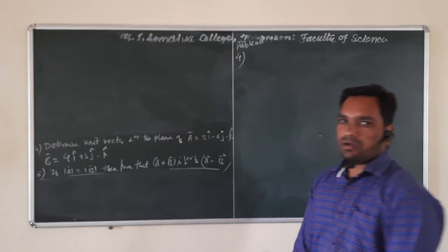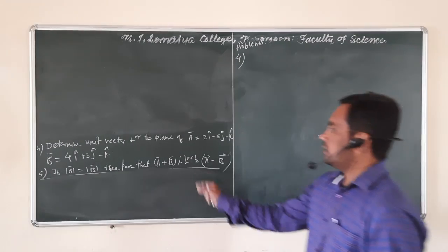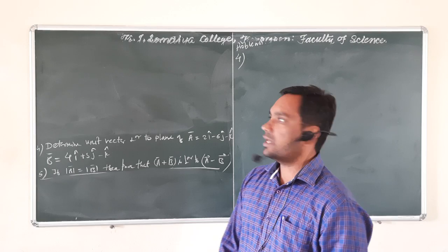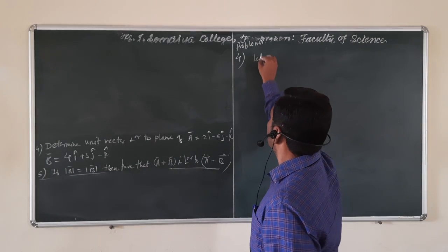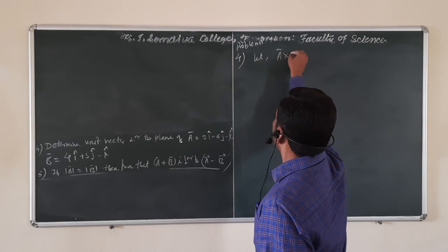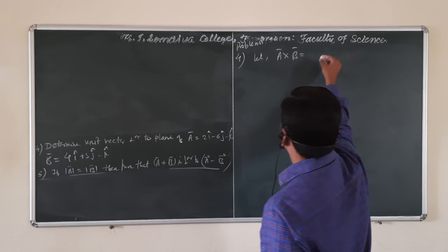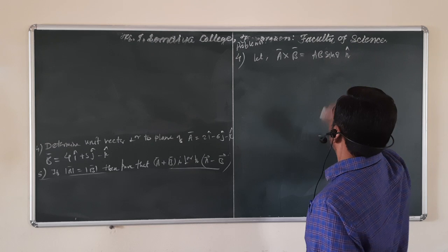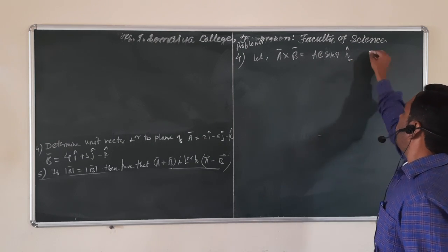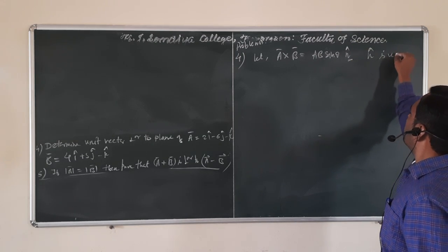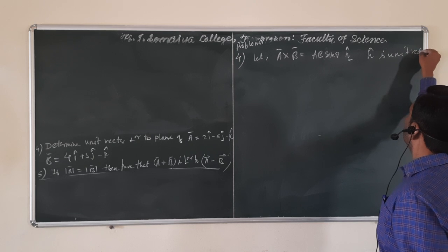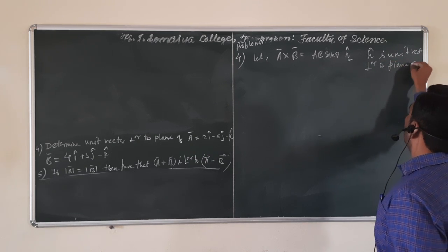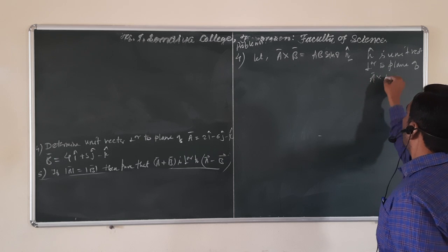So we have to find out unit vector which is perpendicular to plane which is formed by these two vectors. Okay, now we know that A cross B is what? AB sine theta into n cap. Here n cap is unit vector perpendicular to plane of vector A and B.